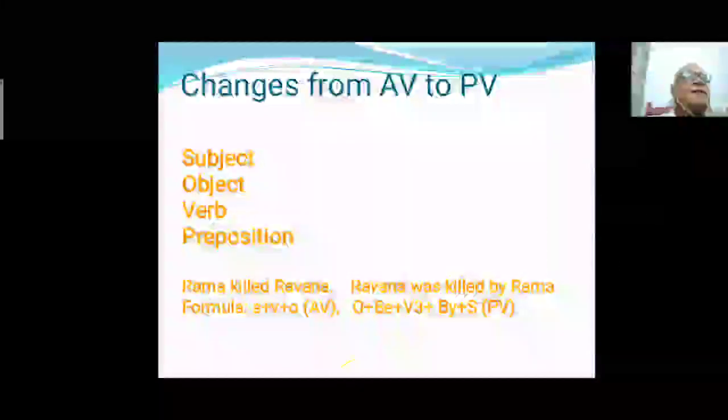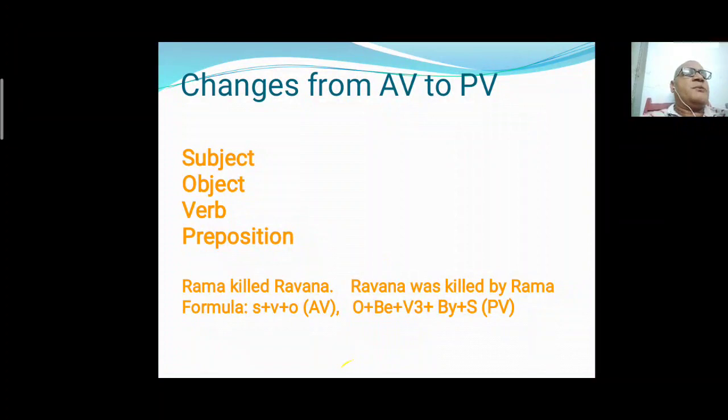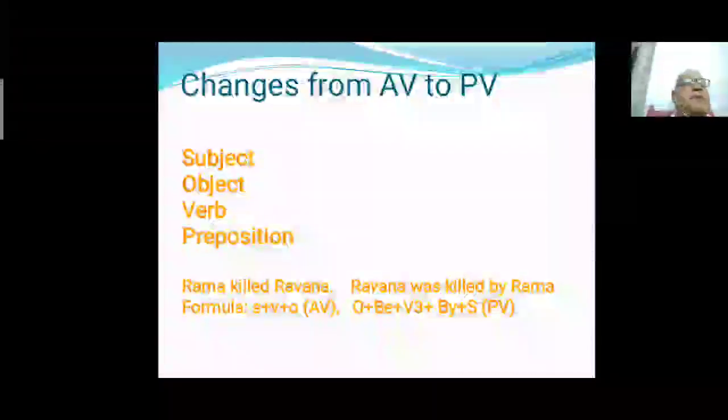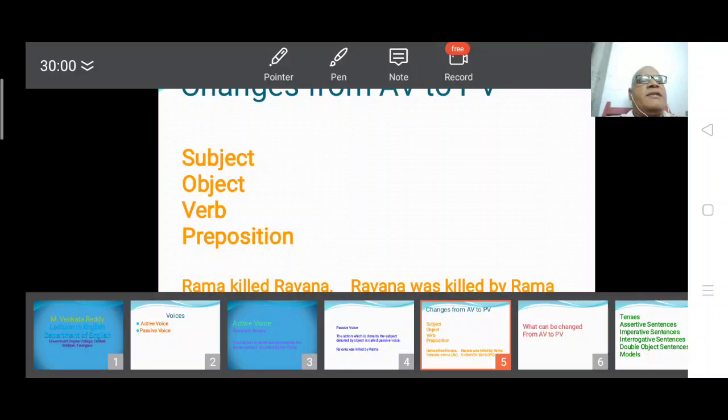Then a preposition, in probably 90% of cases it is by, and usually the subject will be the last one. In such a way, we can change any active voice into passive voice.